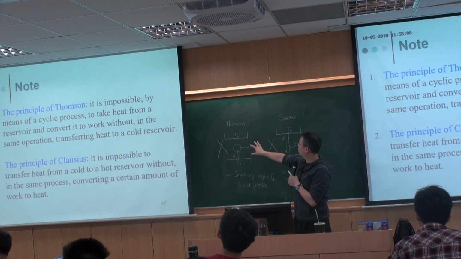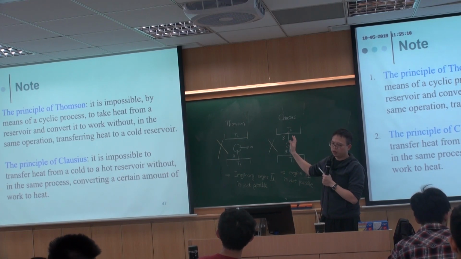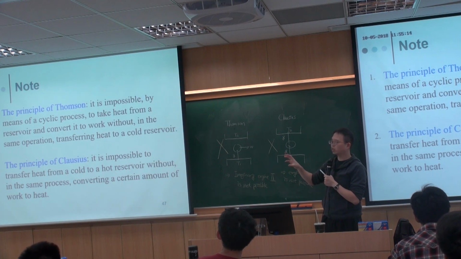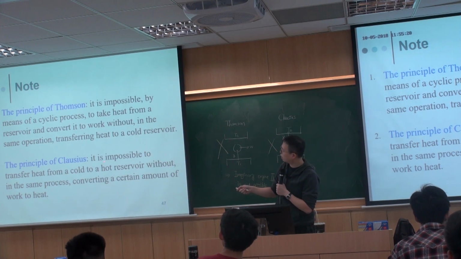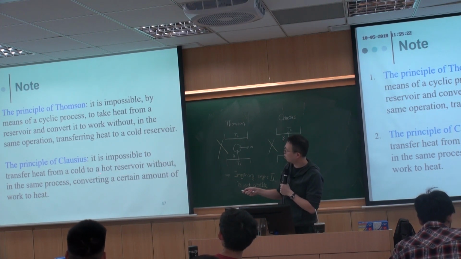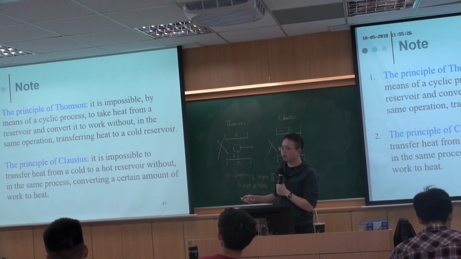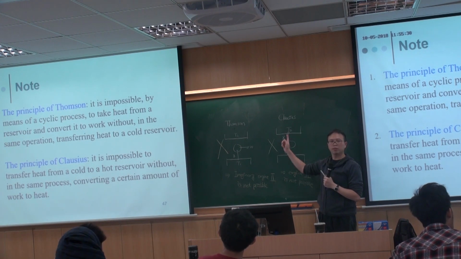And we know right now that these two are the same. They are all consistent with the definition of the Carnot engine, that there's a maximum efficiency that an engine can have. And for the principle of Clausius, again, it is impossible to transfer heat from a cold to a hot reservoir without converting a certain amount of work to heat.